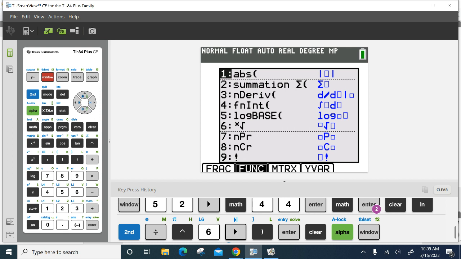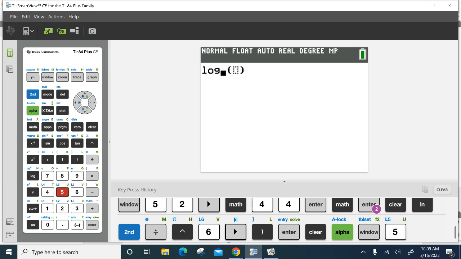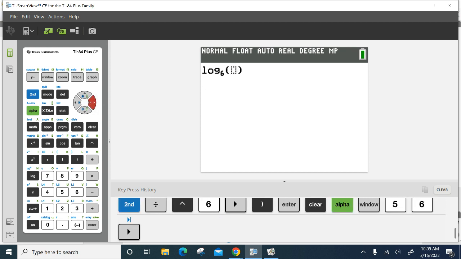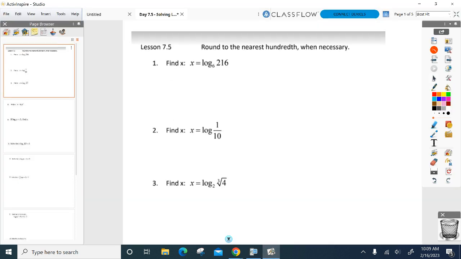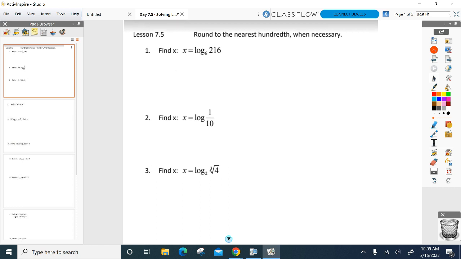Now you can just type in 6 for the subscript, 216 up top, and the calculator will give you that. So x equals 3.